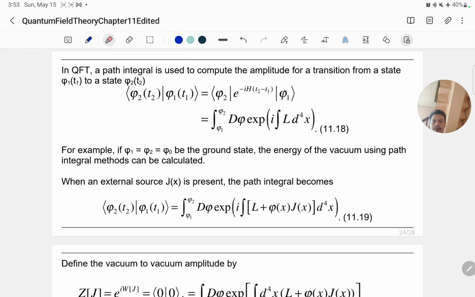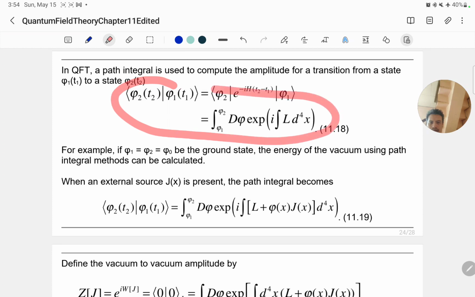So in quantum field theory, a path integral is used to compute the amplitude for a transition from a state phi 1 at time t1 to a state phi 2 at time t2. So you will have this expression for the amplitude.